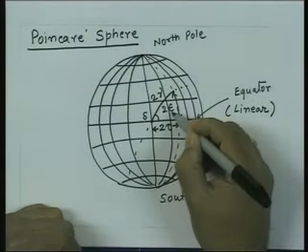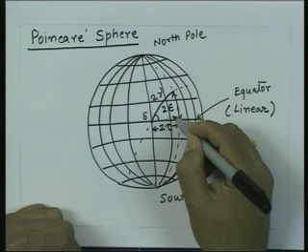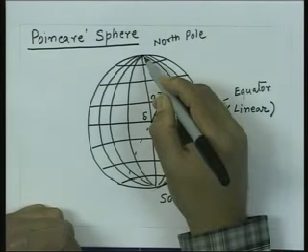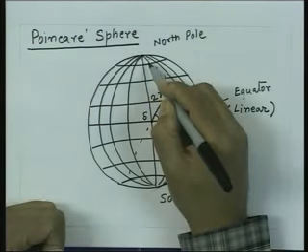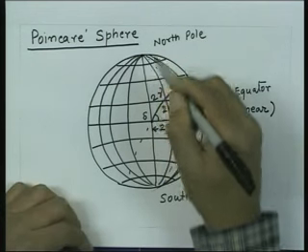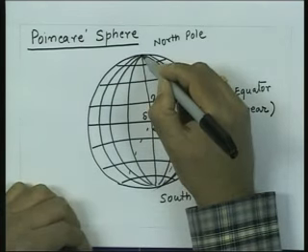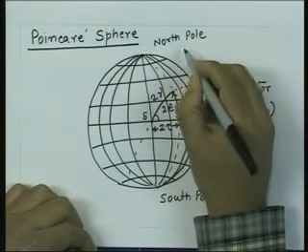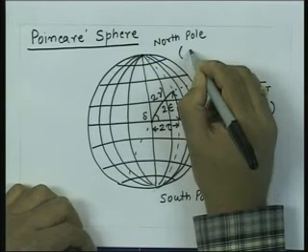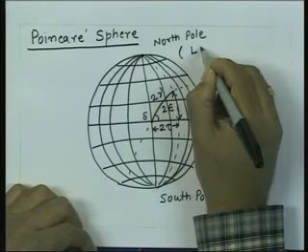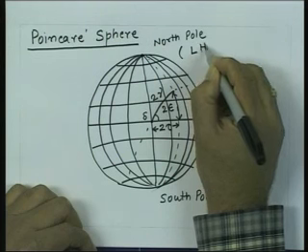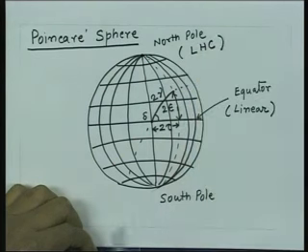But we know for axial ratio equal to 1 with a positive sign, that corresponds to the left-handed circular polarization. So, this point here, the north pole of this globe, represents left-handed circular polarization.